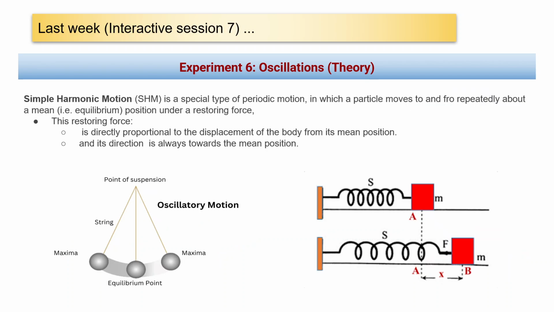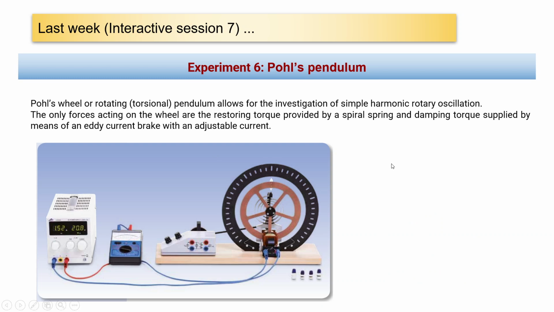The next experiment that we had discussed was oscillations, where we understood what oscillations are, what simple harmonic motion is, what the general equation for it is, and what the different types of oscillations are, like simple oscillation, forced oscillation, damped oscillation. As you remember, the professor had demonstrated all these three different types of oscillations using this particular type of pendulum or wheel called Paul's wheel or rotating or torsional pendulum.